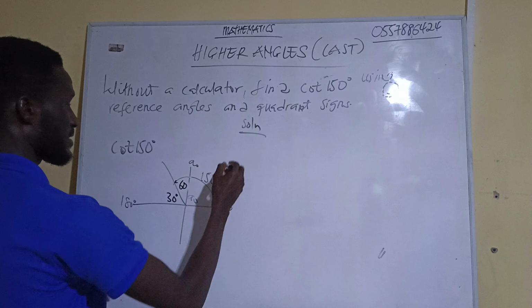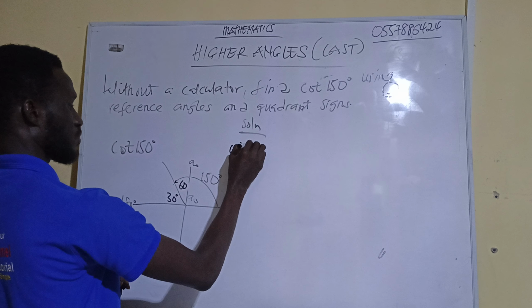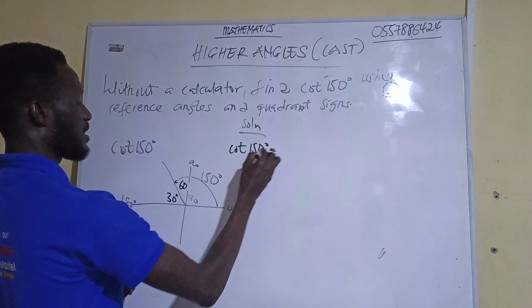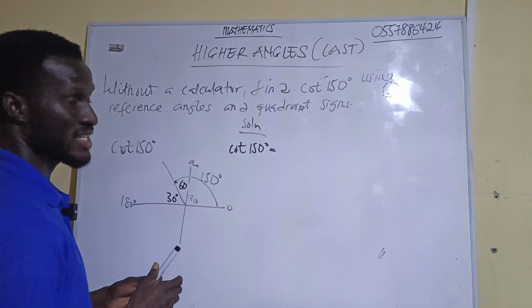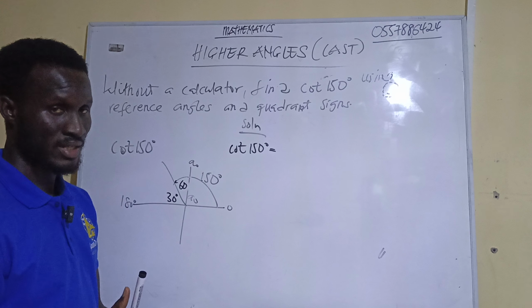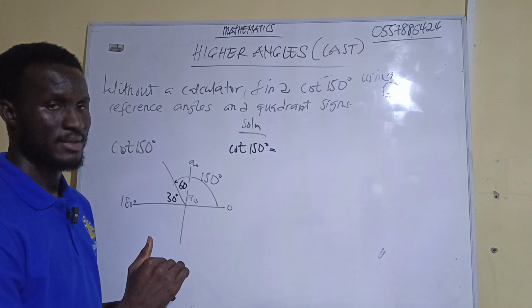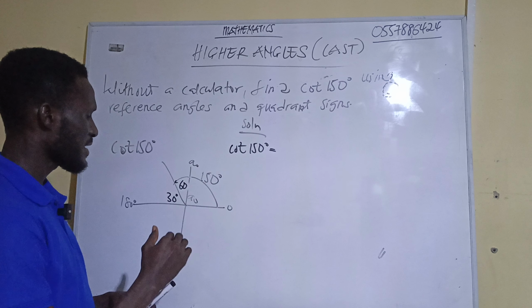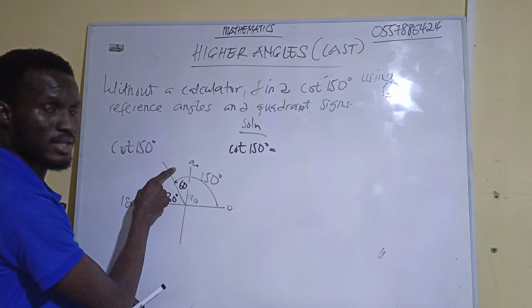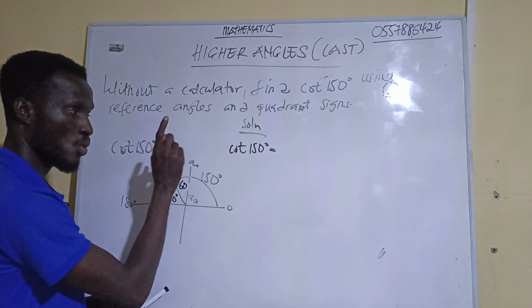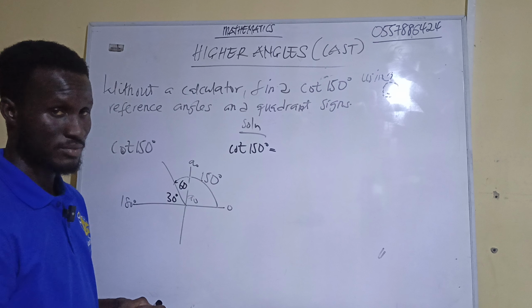So if you have cot 150, the acute angle will be 30, which means the same as cot 30. You understand? But what is cot? Cot is 1 over tan. And then tan in the second quadrant is negative, which means cot is also negative.